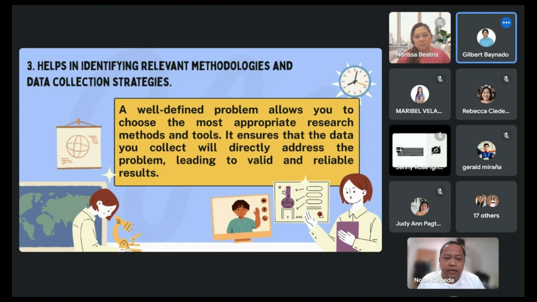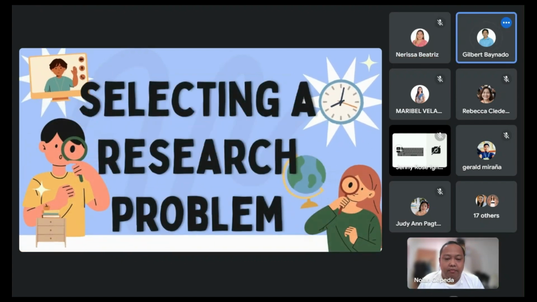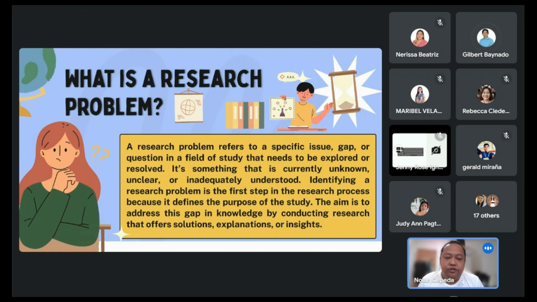So, next is how should we select a research problem? How should we determine what should be our research about? First, let us define what is a research problem, as was discussed by our previous reporter last week.